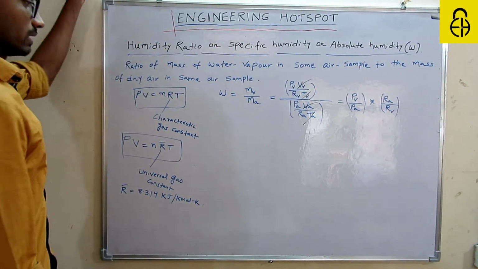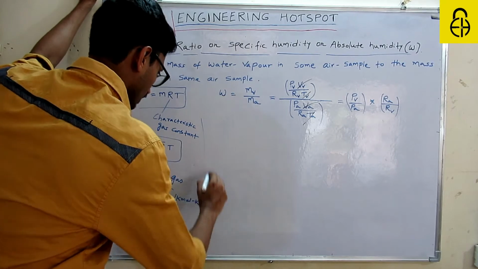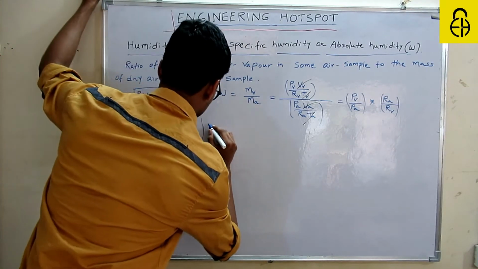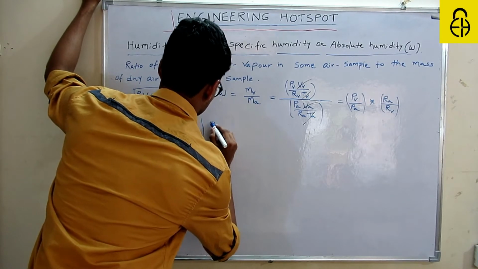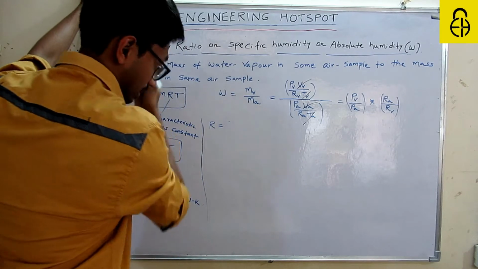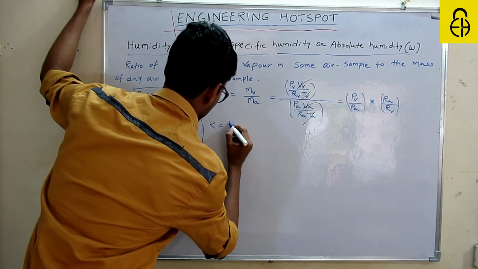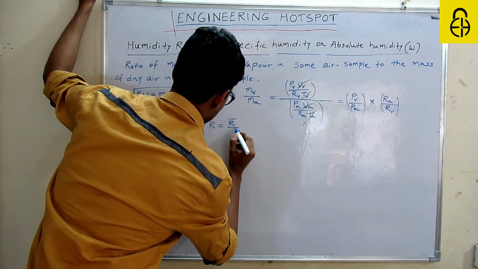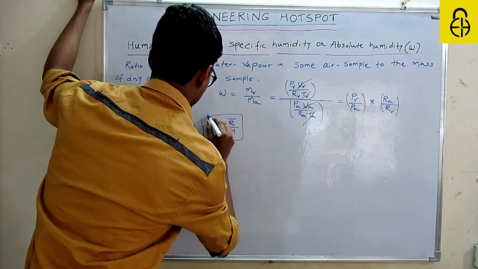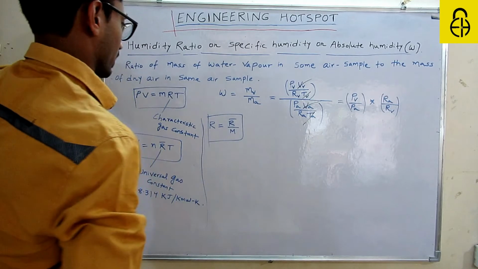Now you need to calculate RA. How can you calculate RA? There is one formula when you are calculating R, the characteristic gas constant. It equals R bar divided by the molecular weight of the same gas you have taken for analysis.